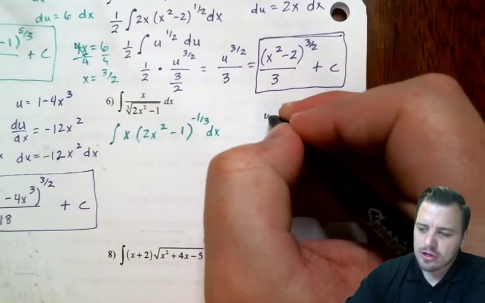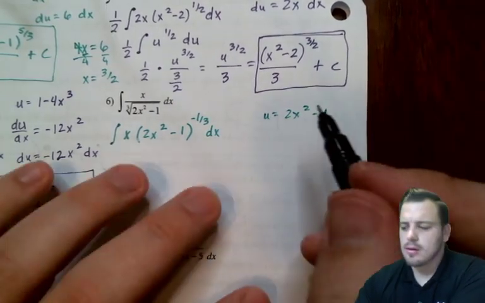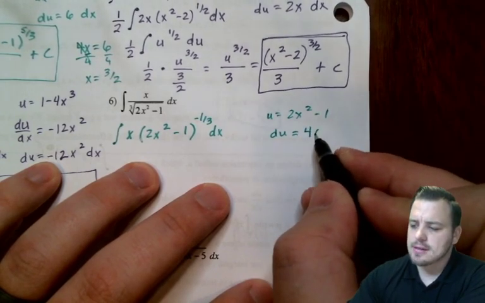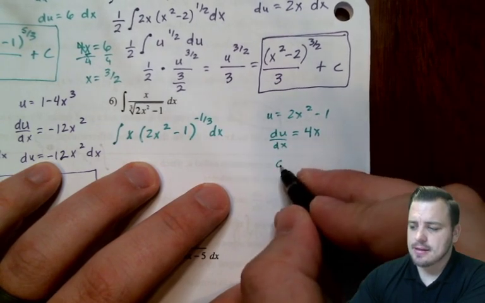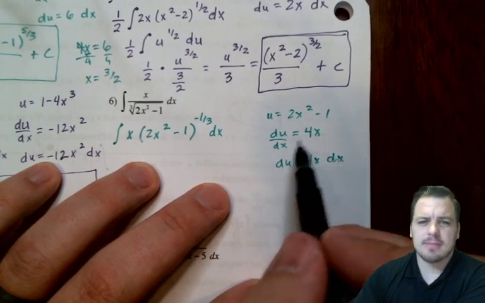I then see that my u is going to be 2x squared minus 1, making du/dx 4x, and then du would equal 4x dx by multiplying both sides by dx.